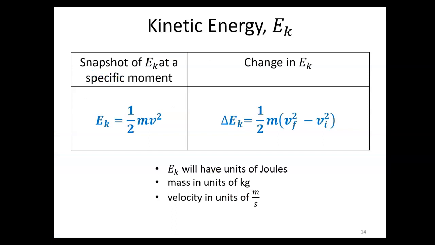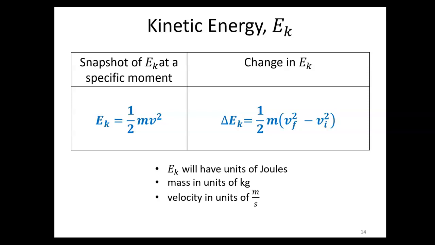Here are the formulas for calculating kinetic energy. If you want to know E sub K right now, while the velocity is this amount, you use a snapshot formula, which is that the kinetic energy is half of the mass times the square of the velocity.